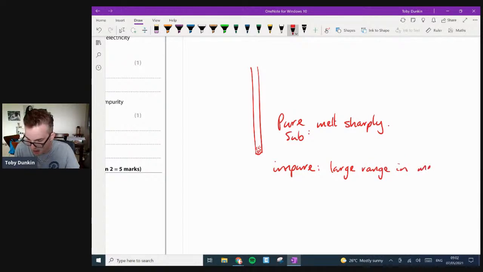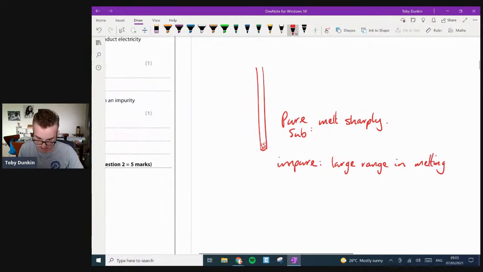The reason being is some of the substance is going to melt earlier, and then the higher one will then melt later. So you get this range of melting points. You see it go solid, solid, solid, solid, solid, and you go, oh, I've got a liquid with a solid in it. Okay, so the impurity is melted. And then you'll go liquid and solid, oh, and now it's all a liquid. So you get this range of melting points.